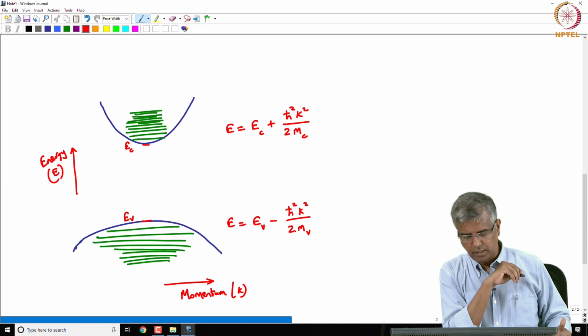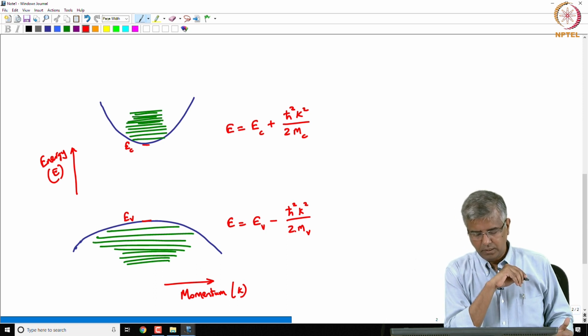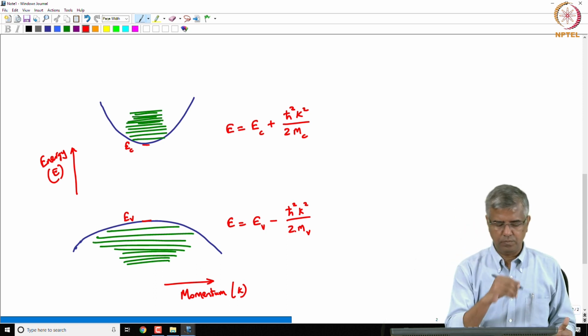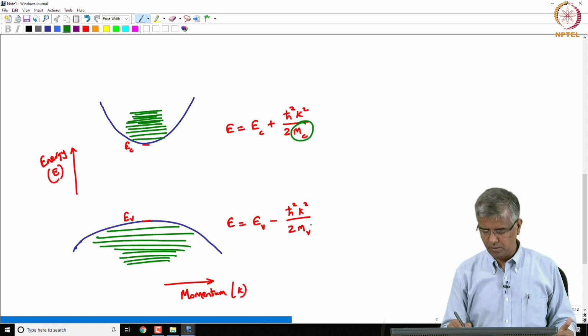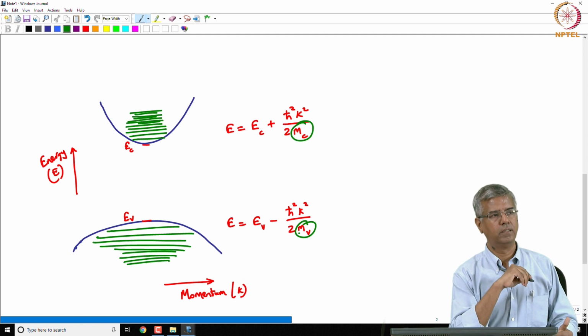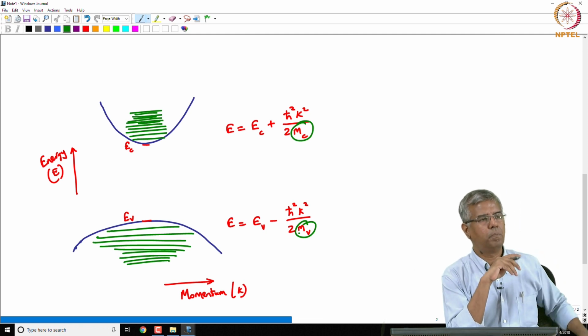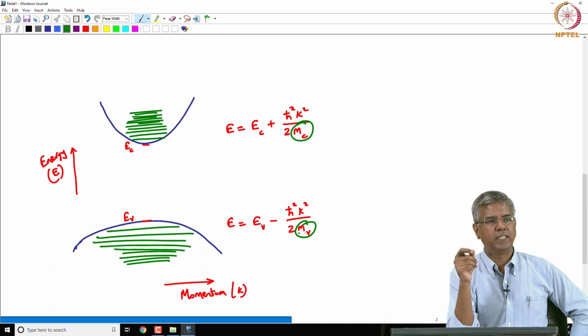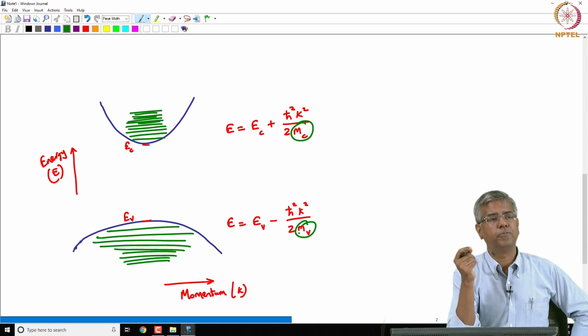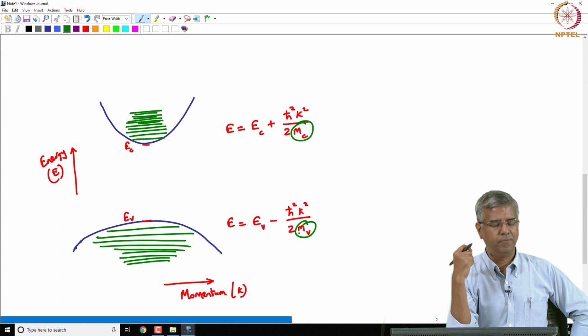And then this specific quantity which we are calling as mc and mv, okay, that corresponds to the effective mass of an electron in the conduction band, effective mass of electron in the valence band.